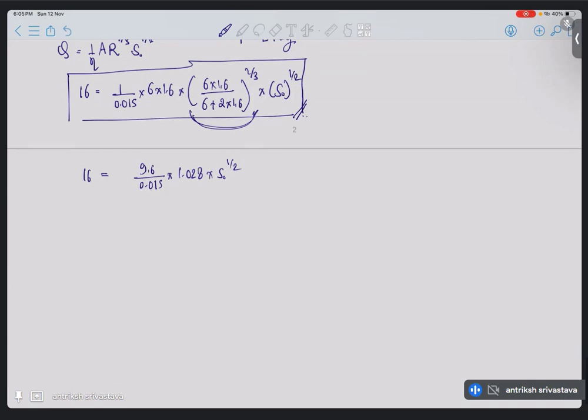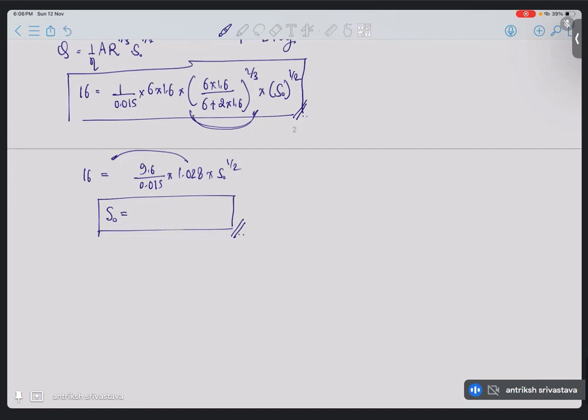When you further simplify this, let's just do the final calculation and write the value of our bed slope for this uniform flow. So this will go in division, and S naught power 1 by 2 is 16 divided by 9.6 into 0.015, then we have to do the square of that.